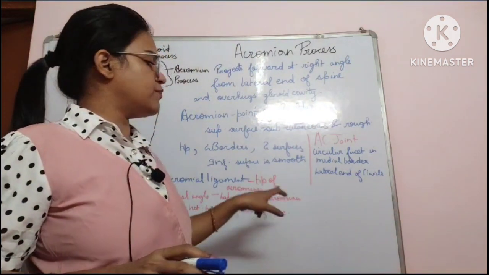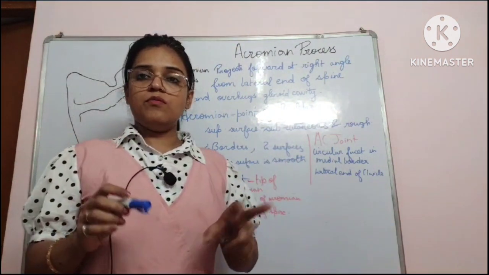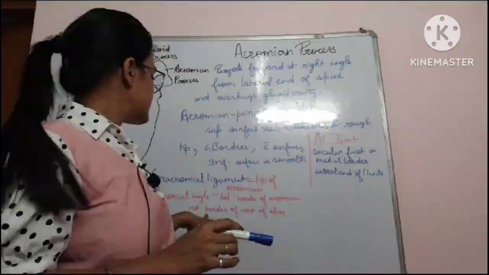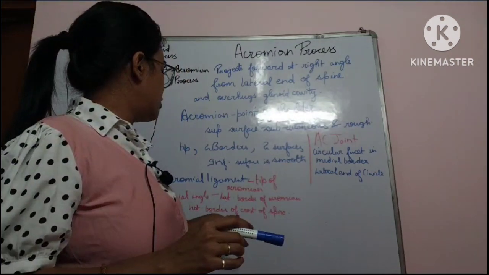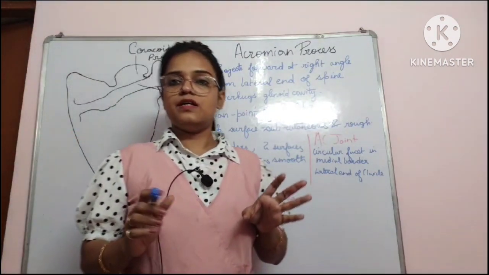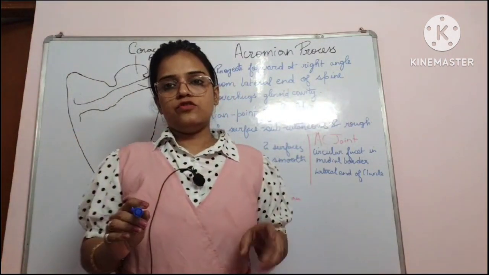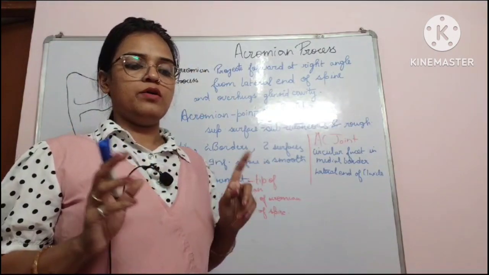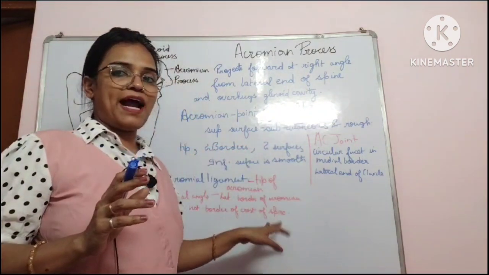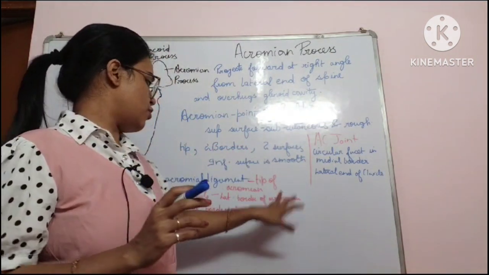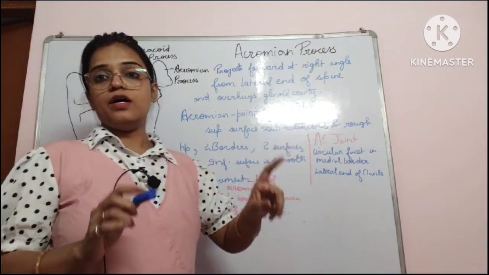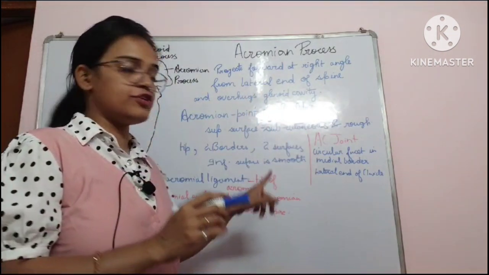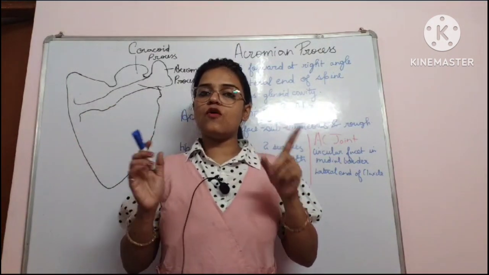It is formed between the lateral border of acromion and lateral border of crest of spine. So acromial angle you need to remember. I am repeating again, it is formed at the junction where lateral border of acromion lies as well as the lateral border of crest of spine.